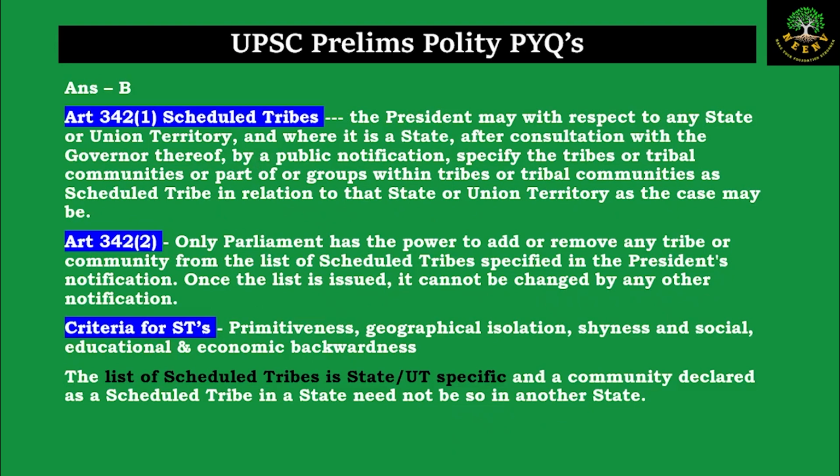Article 342 clause 1 says the president, see clearly it is mentioned the president, it's not the governor. The president may, with respect to any state or union territory, and where it is a state, after consulting the governor of that particular state, through a public notification, specify that particular tribes or communities are scheduled tribes in relation to that particular state or UT.